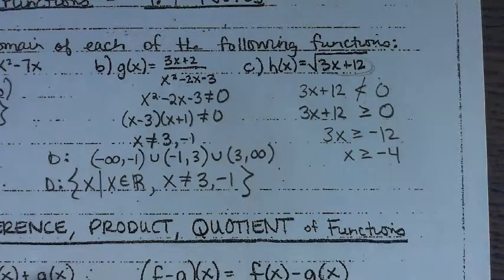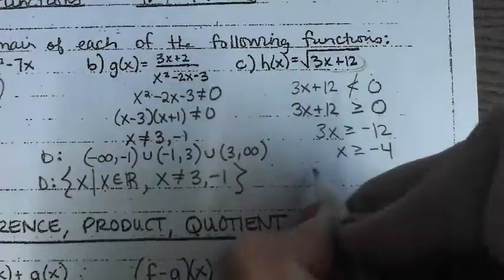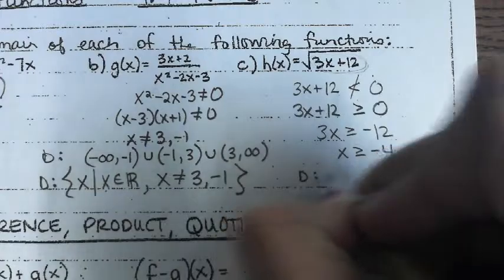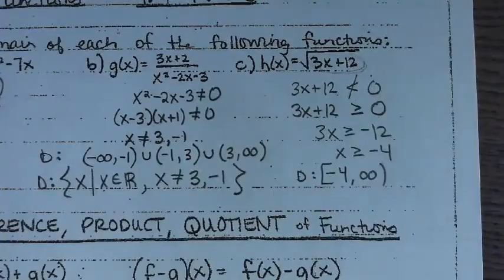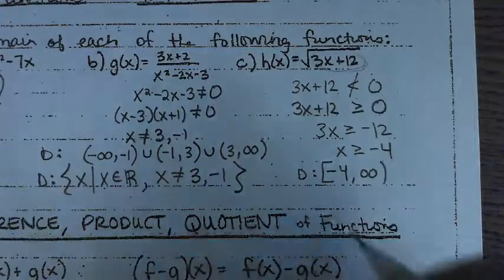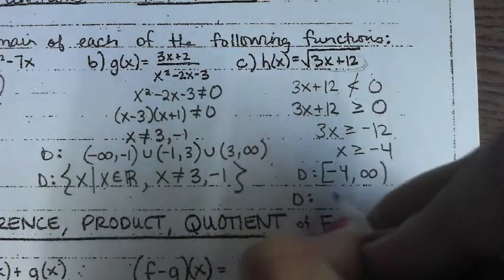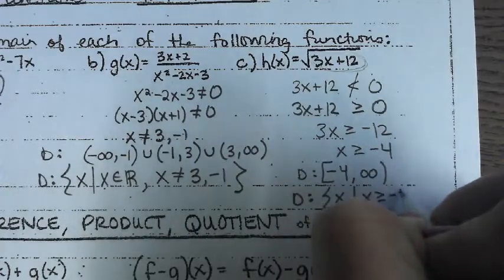Good catch. We don't flip it, we didn't divide by negative. And so this is pretty much our domain. So in interval notation, to be greater than or equal to negative 4, we would go from negative 4 to infinity. And then in set notation, we would just say the set of all x's such that x is greater than or equal to negative 4.